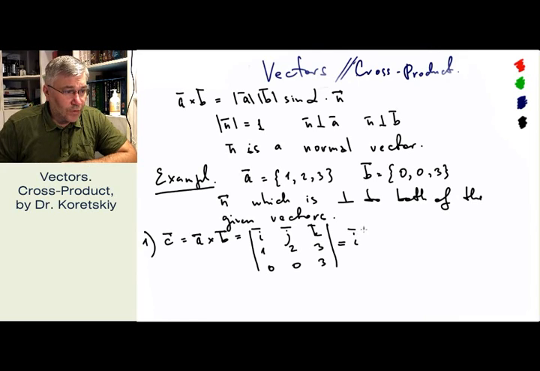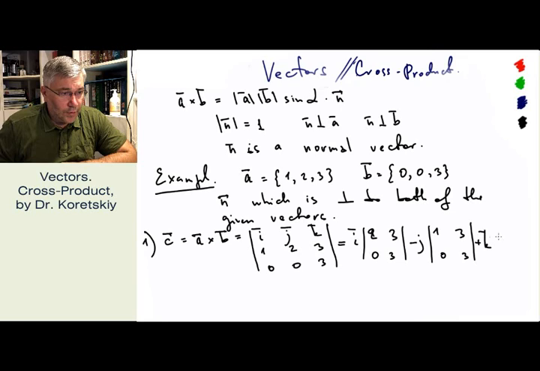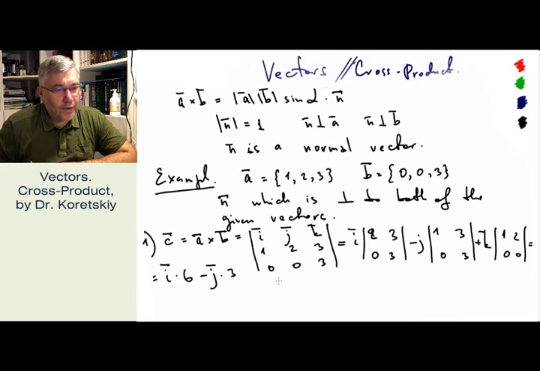It's very easy to calculate, so it is I times the determinant of 2, 3, 0, 3, minus J times 1, 3, 0, 3, and plus K times 1, 2, 0, 0, and it gives you I times 6, minus J times 3, don't forget about the bar. K has a factor 0 here, so I drop it.